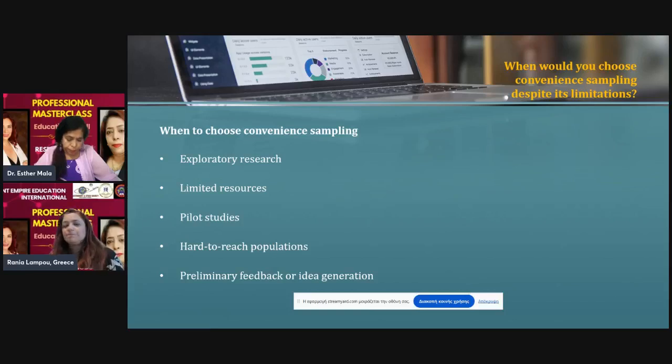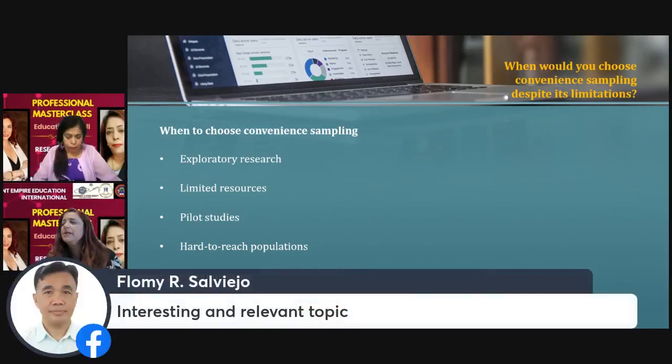Or for educational settings, when you work with students in a specific class or group where random sampling isn't practical. And when you just need quick feedback or initial opinions on a new product, service, or concept, so in general, when you want feedback or idea generation.